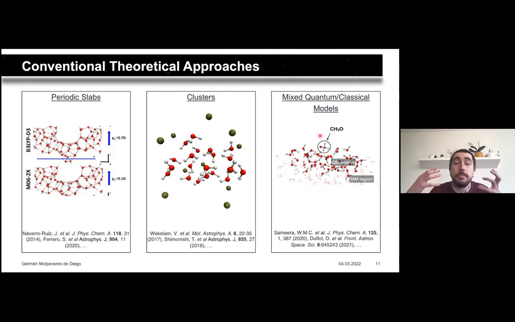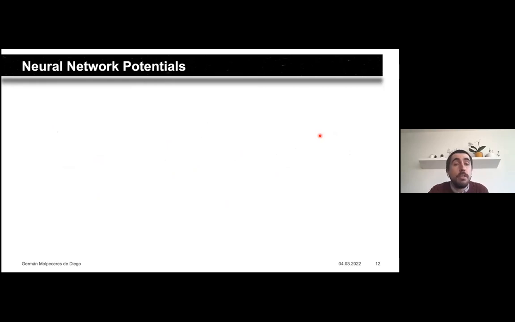But all these different ways of treating an ice, that are, of course, very good for specific problems, fail in treating very big systems and models. And when we tried to apply our research to very big systems and models, we came to the conclusion that the best way of doing it was using neural network potentials or neural network models.